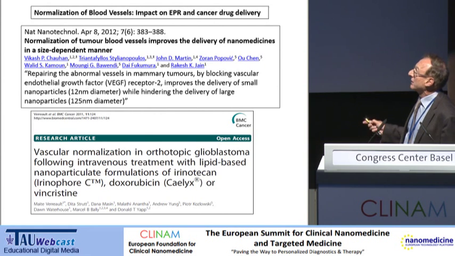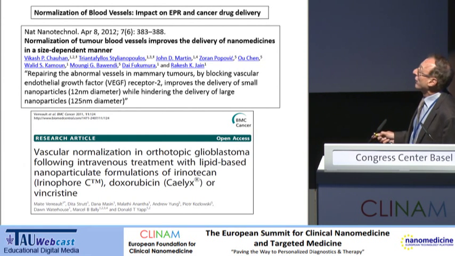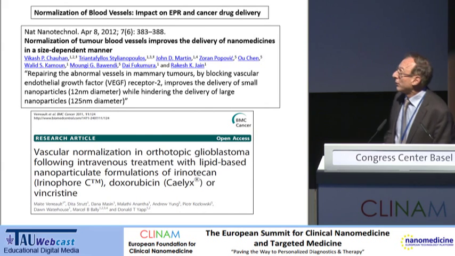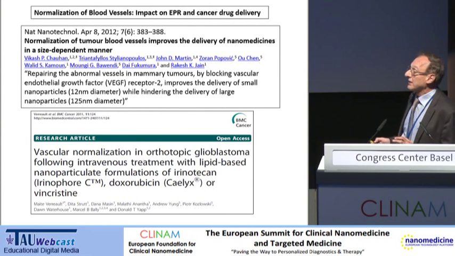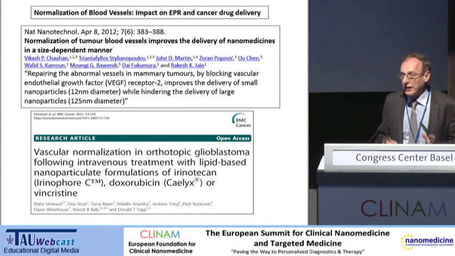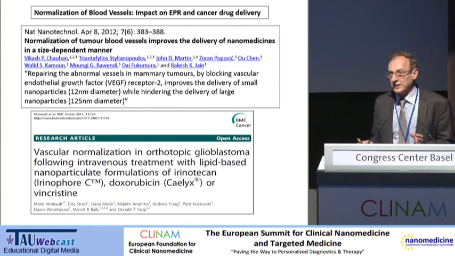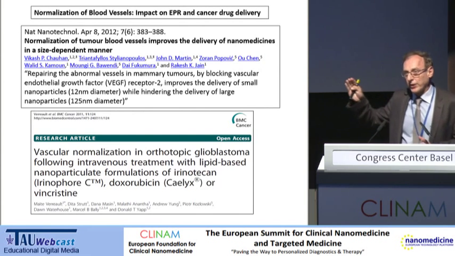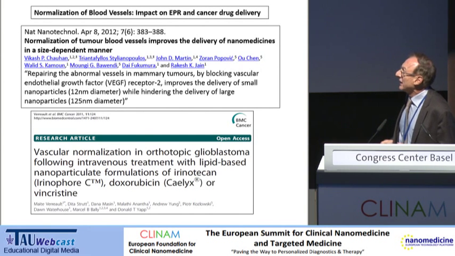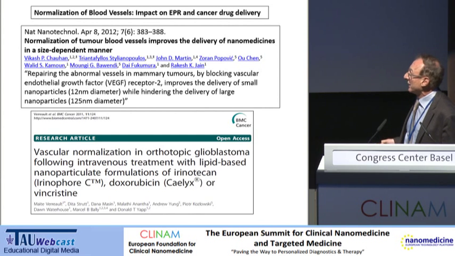However, it was hindering the delivery of large nanoparticles. Therefore, this is interesting. Some anti-angiogenic agents can actually sabotage the delivery of some of our nanomedicines, especially if the size threshold of these nanomedicines is relatively large. So this also has to be taken into account.